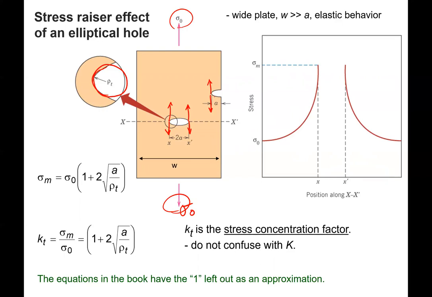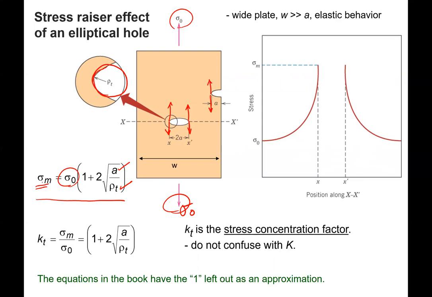These edges are going to feel a much higher stress value than the applied stress sigma 0. And this is given by the equation that's shown here, where A, again, is the crack length, rho is the radius of curvature, sigma 0 is your applied stress, and sigma m is that concentrated stress at those locations.